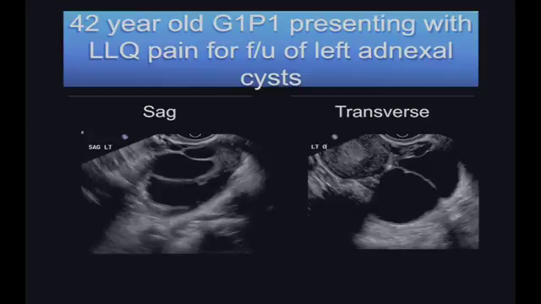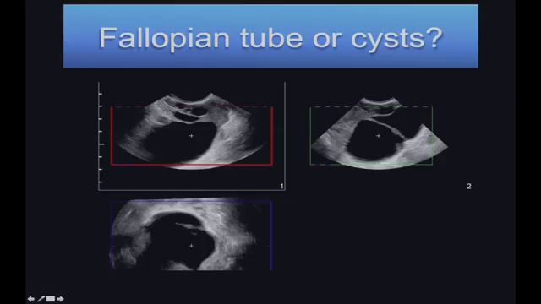So one more example, a 42-year-old gravida 1 para 1 presenting with left lower quadrant pain for follow-up of left adnexal cysts. And once again, we see a complex cystic mass in the left adnexa. We do our sweep sagittally through the adnexa, which then gives us the multiplanar display.